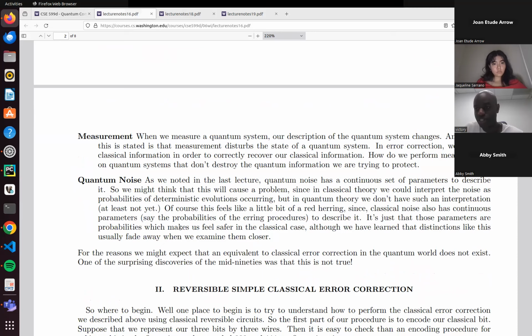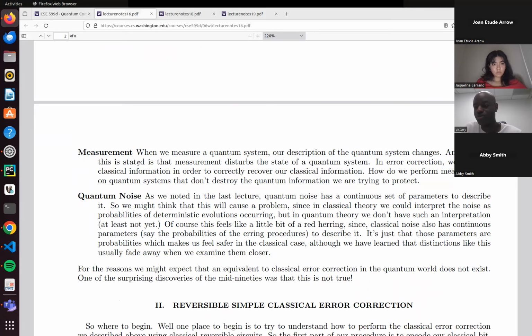The noise disrupts your state, and quantum noise behaves differently than classical noise. And what we just talked about, when you measure a quantum system, that disrupts the quantum system. So you can't just measure your qubit and say, oh, it was like this, and then measure it again and say, oh, an error has happened. Once you measure it, it disrupts the state.